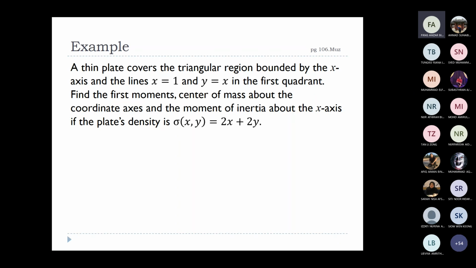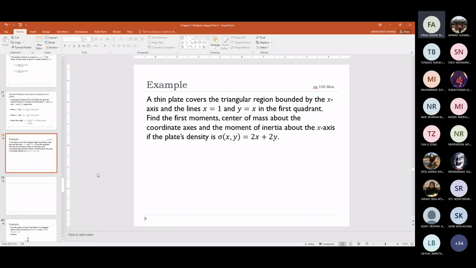So find the first moment, the center of mass about the coordinate axis, and the moment of inertia about the x-axis if the plate density is given by delta xy equal to 2x plus 2y. So how are we going to solve this question? So let's see macam mana kita nak selesaikan soalan ni. So saya transfer kepada iPad saya.